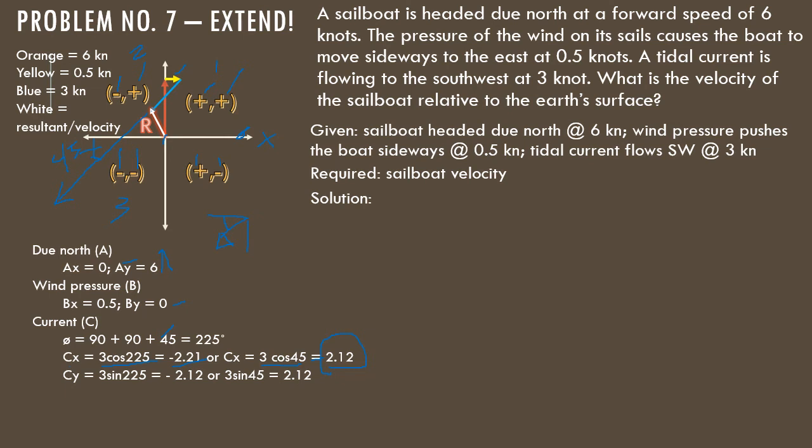And then, Cy is equal to 3 sine 225 is equal to negative 2.12, or we can use 45 degrees. So, 3 sine 45 is equal to 2.12. Parehas din naman kasi dito sa drawing natin ay negative.